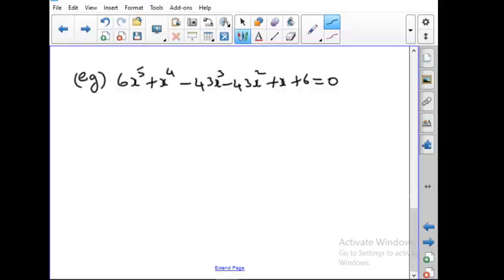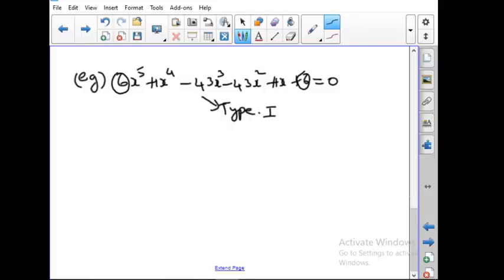See here, the first coefficient is equal to the last one, and here 1 is the coefficient, here also you have 1, and minus 43, minus 43. So this is of type 1, the first type.